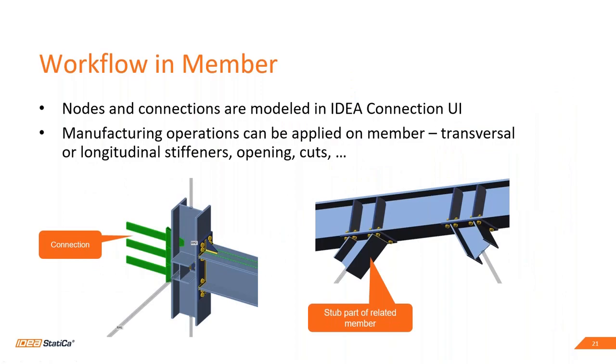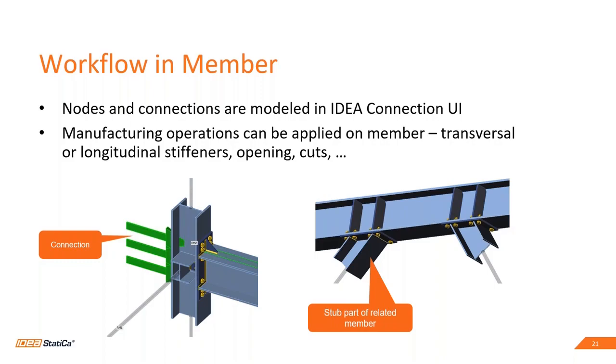Now we can continue and model the connection between the analyzed and the related members. If you know IDEA StatiCa Connection application, the workflow is just the same. The user interface opens and you can use all the manufacturing operations that you know from Connection application.